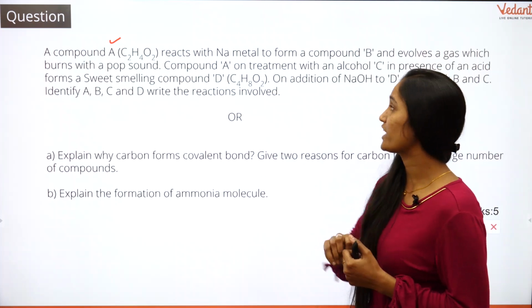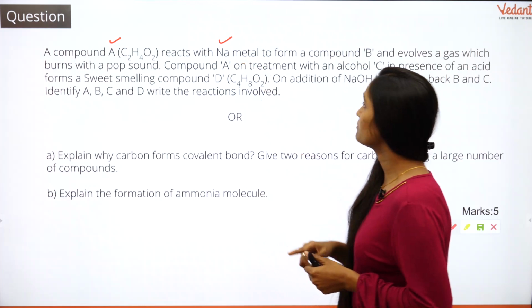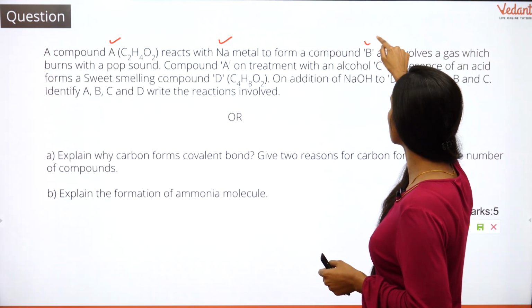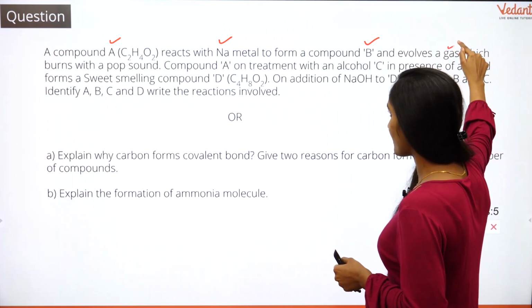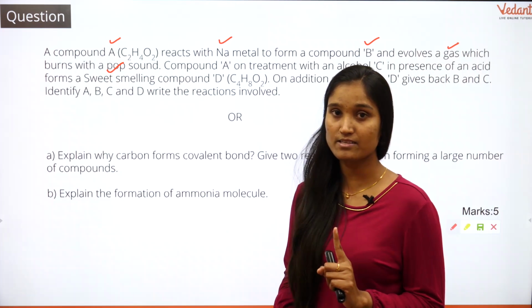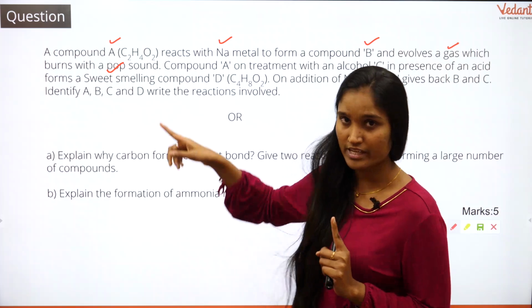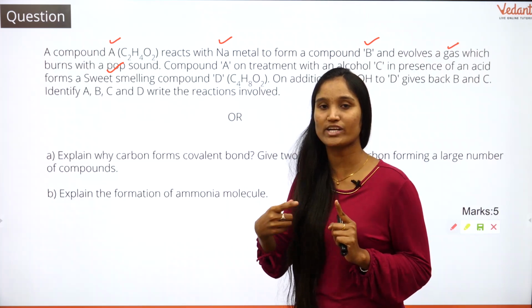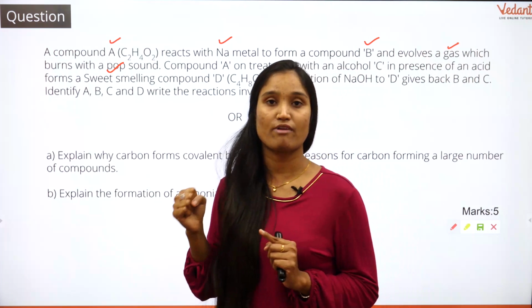When this compound A reacts with sodium metal, it forms a compound B and evolves a gas which burns with a pop sound. We have only one gas which can be identified with the help of a pop sound. As you read the question, all these points should flash in your mind.